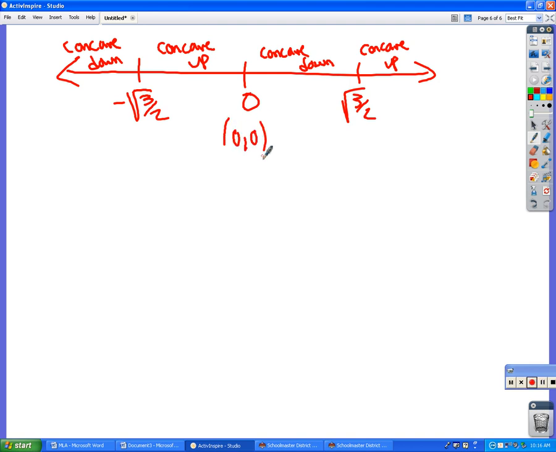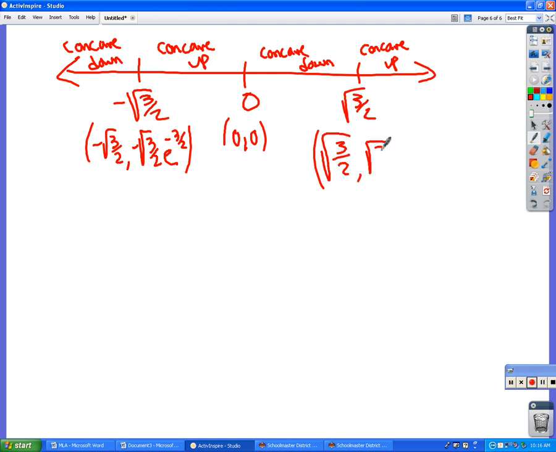If you plug 0 into the original function, we just need to find the y coordinates of those. This would be negative root 3 over 2 times negative root 3 over 2 e to the negative x squared. So negative 3 halves. And this one would be root 3 over 2 comma root 3 over 2 e to the.